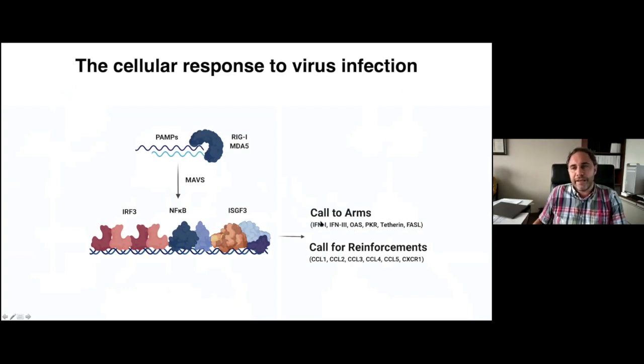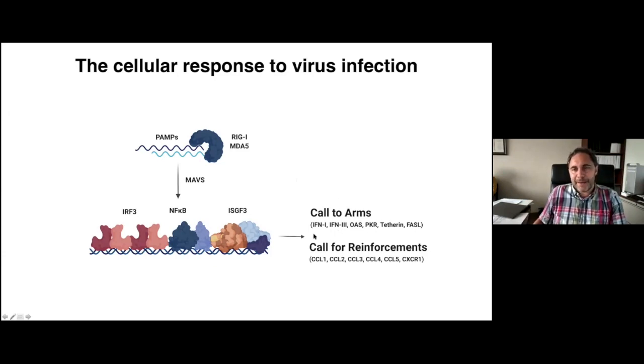It is the telling of the neighboring cells that there's an imminent threat coming, and it includes the induction of many direct viral effectors. So this includes things that are going to block translation, cut up double-stranded RNA, maybe prime cells for apoptosis. They include inhibitors at the membrane to stop viral egress or to encapsulate the RNA-dependent RNA polymerase.